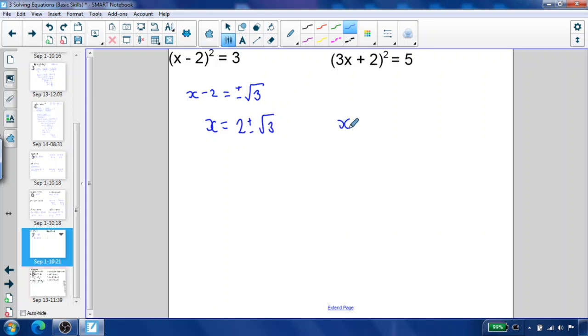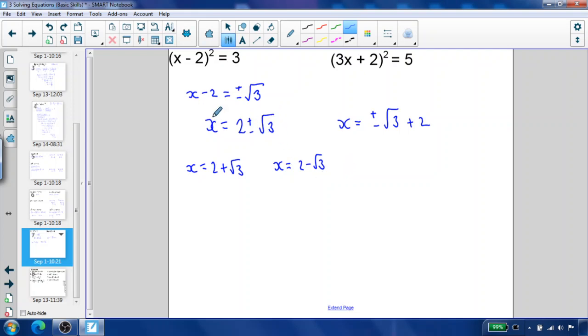Now you could have written it as x is equal to plus or minus root 3. Add 2, that's exactly the same. Now I'm going to get 2 solutions here because I've got this plus and minus. So one of the solutions is going to be 2 plus root 3, and another one is going to be 2 minus root 3.